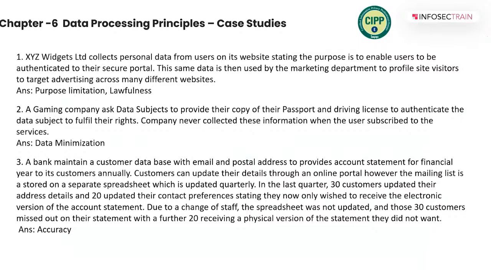Go for CIPPE instead of 27701. 27701, you can always do in the future when your organization is going to implement it, or if you are going to look for a lead auditor or lead implementer role, then you can go for 27701. The CIPM syllabus is also going to change every year. There is a routine change that happens for CIPP and CIPM. So don't worry about it.